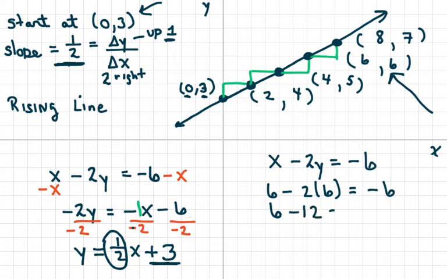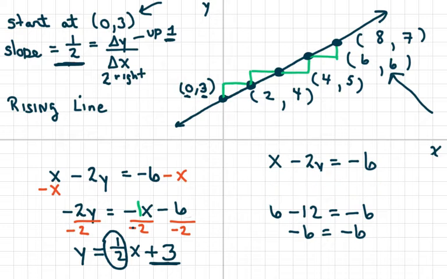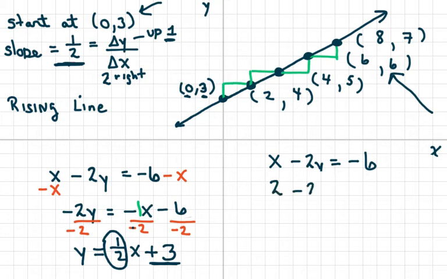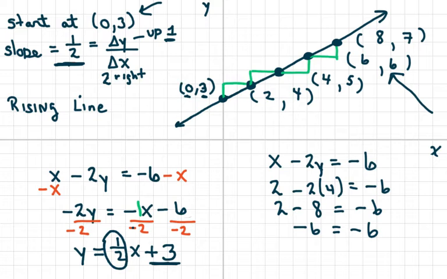I've got 6 minus 12, and that is negative 6. Okay. If I use the point 2, 4, so I let x be 2 and y be 4. Then I have 2 minus 8, and that's also negative 6. So any of the points I create using this slope and this y-intercept will work in my original equation.